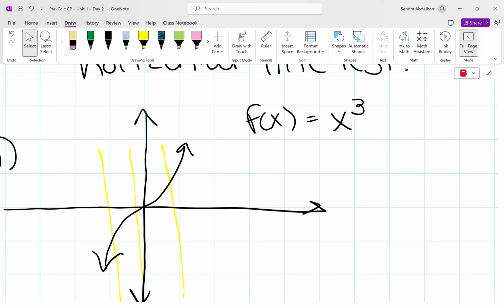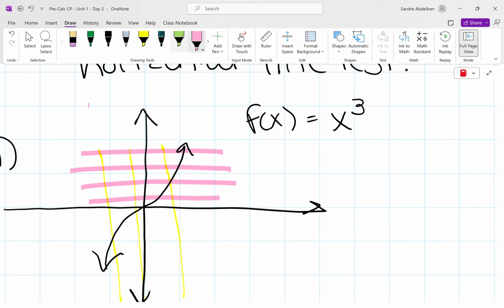Okay, so does it pass the vertical line test here? Absolutely. So it is a function. But is it a one-to-one function? Not sure. Let's check the horizontal line test.